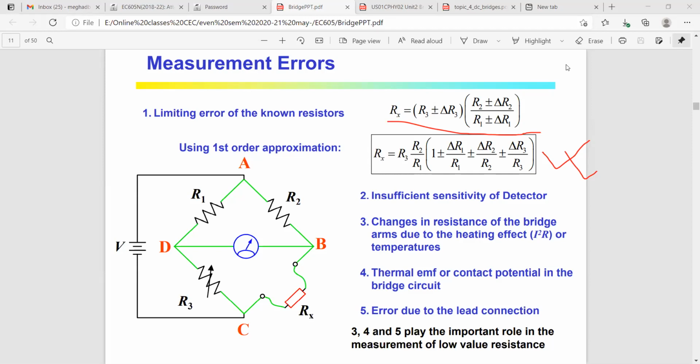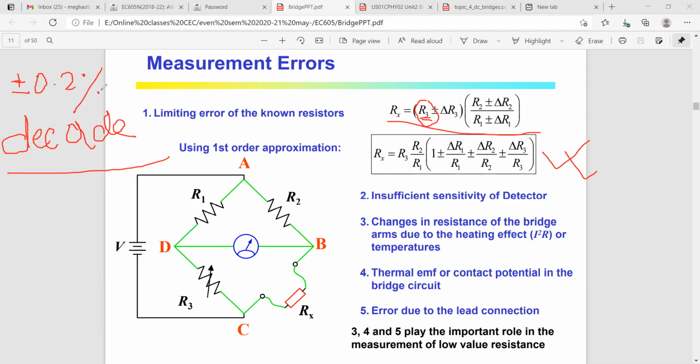Write down: In a Wheatstone bridge circuit, R3, that means the first term of the equation, R3 is a decade resistance with a specified accuracy of plus minus 0.2%.